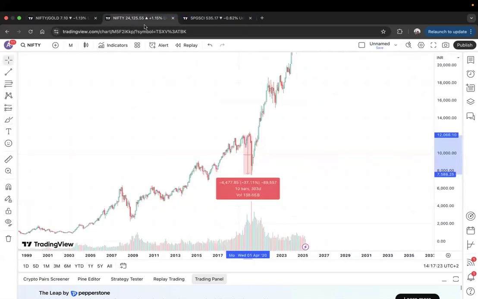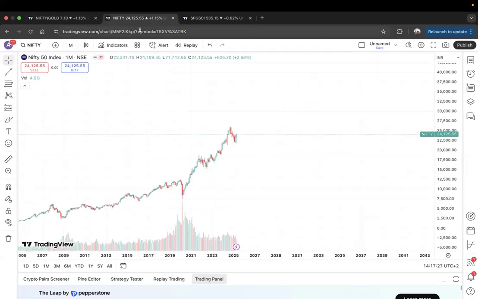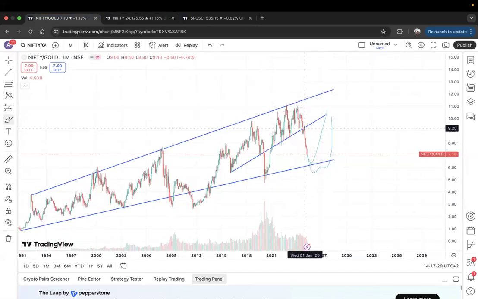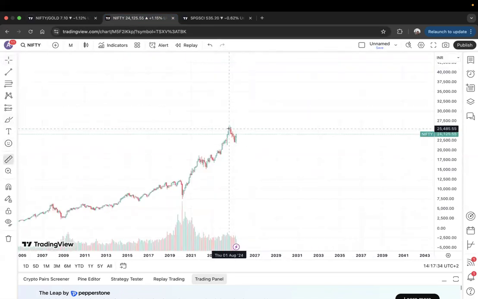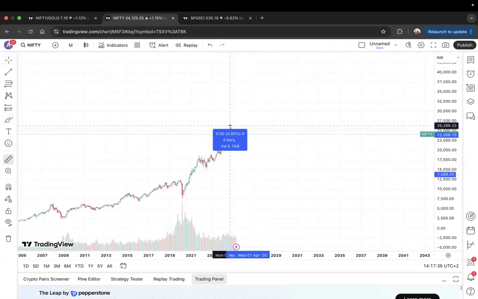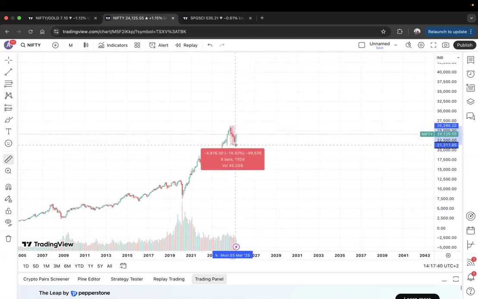And what do we see here in the Nifty? When this ratio broke down during October, where are we in the Nifty? We exactly hit the peak around this time, and we have only dropped 18%.